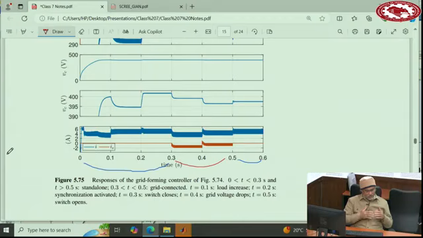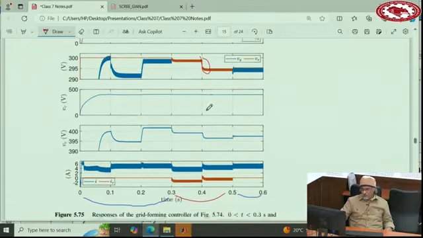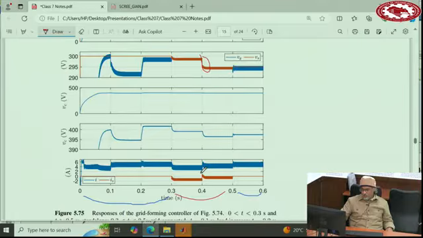When connected to the grid, you can change the grid voltage, and you should get a grid supportive function. For instance, when the grid voltage drops here, the converter should provide more power or more current, which is true, you see. This is a grid supportive function.